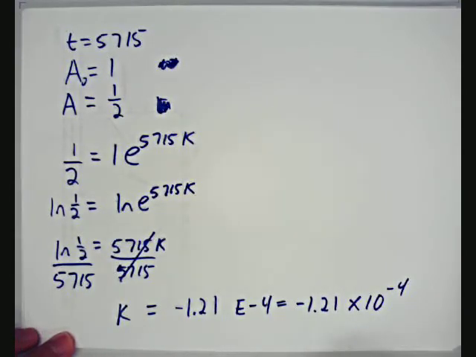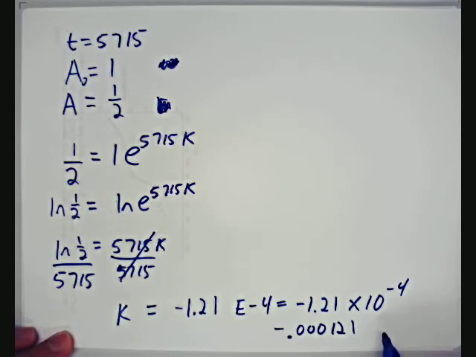Remember, we convert scientific notation back to standard notation by moving the decimal place according to the power on the 10. Negative 4 tells me to move this decimal place 4 places to the left, which would require adding 3 zeros. So negative 0.000121 is our k value.